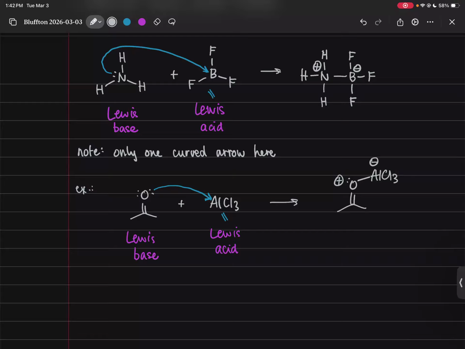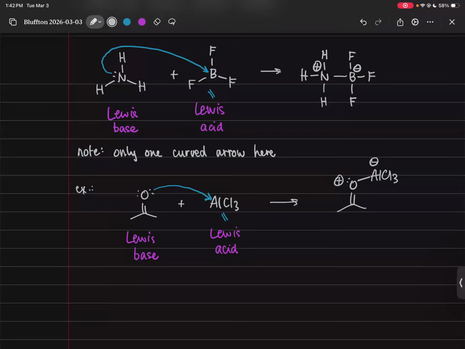In this case, both the boron and the aluminum are going from 6 electrons, like 3 fluorines, 3 chlorines, no lone pairs on the, I almost said metal because I'm a weird chemist and I think boron is a metal. And then in the products here, they have 8 electrons.